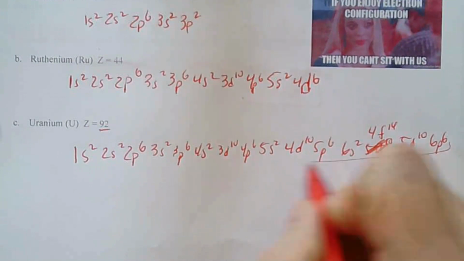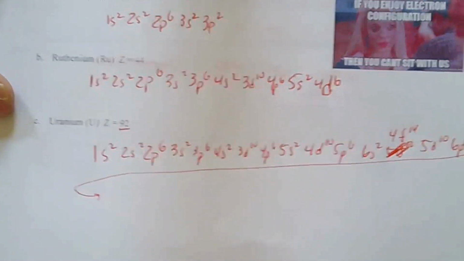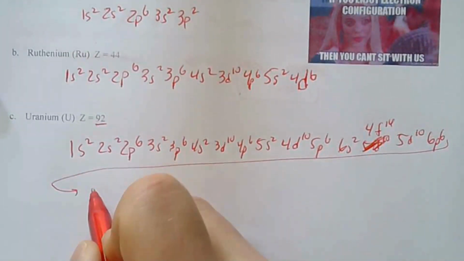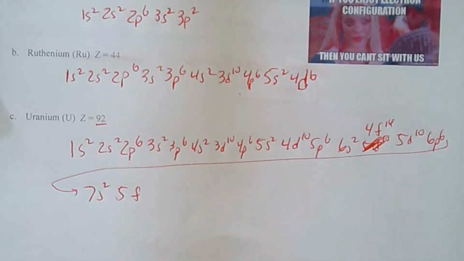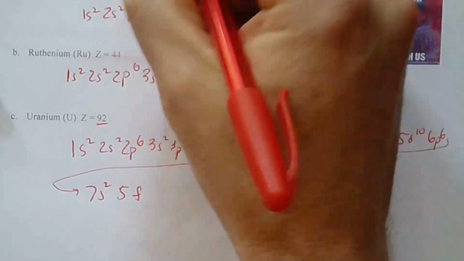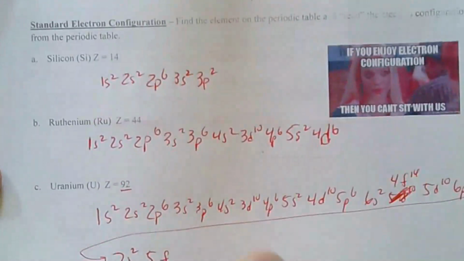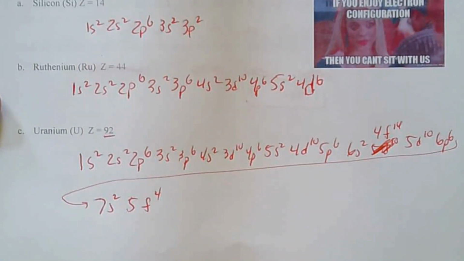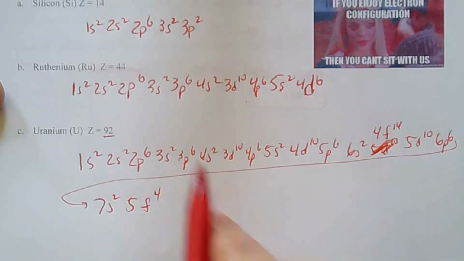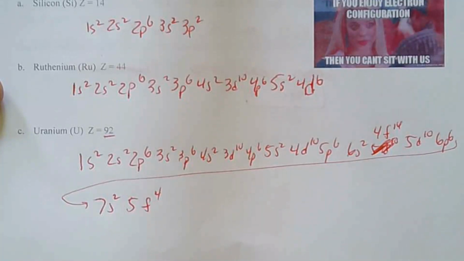And it's so long I've got to come down here. 6p6, 7s2, 5f, and uranium is right here in box number 4, so 5f4. So that should be the electron configuration for uranium. If you count up all these exponents, it should add up to 92.